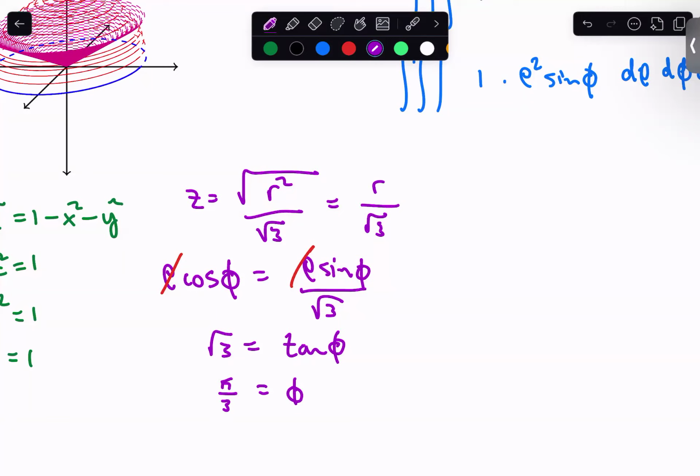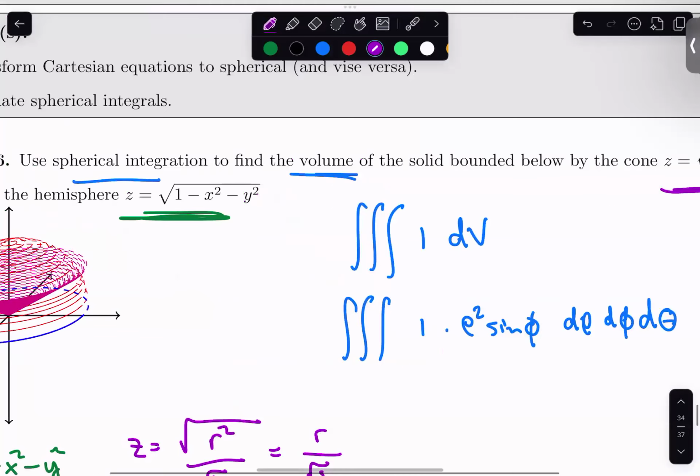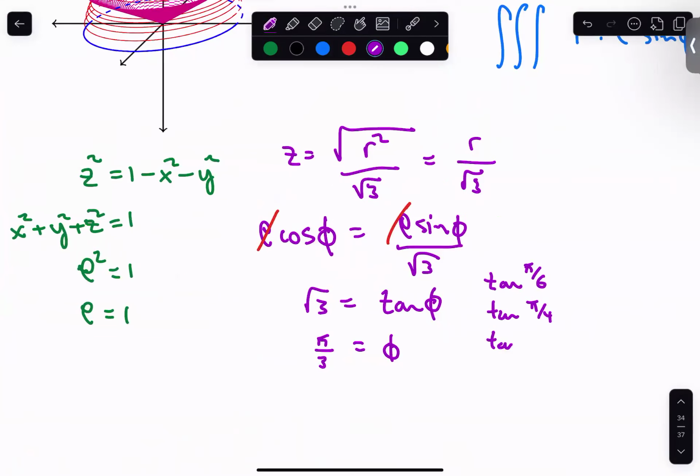And then you could also plug in the common values, tangent of pi over 6 and tangent of pi over 4 and tangent of pi over 3, maybe to start. And you're going to notice that when you plug in tangent of pi over 3, you get the exact same decimals as you do for root 3. And so your phi value ought to be pi over 3. So this is, of course, a way to do it without having completely memorized your unit circle for tangent.